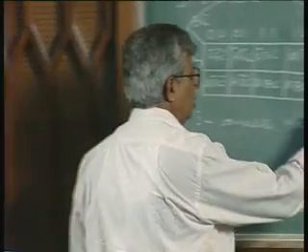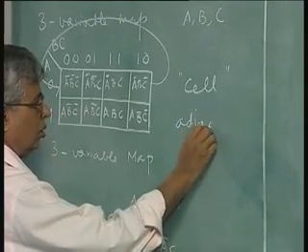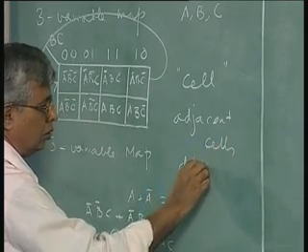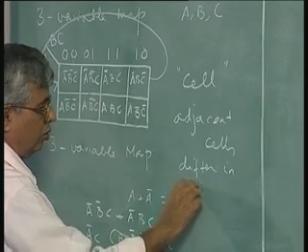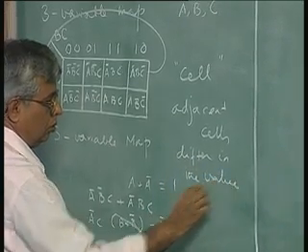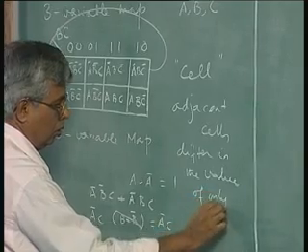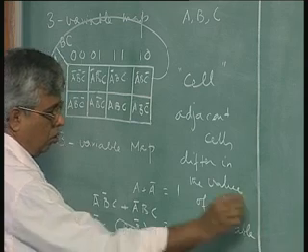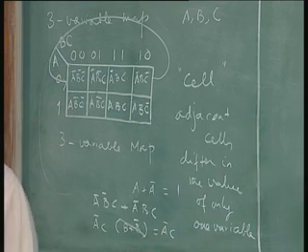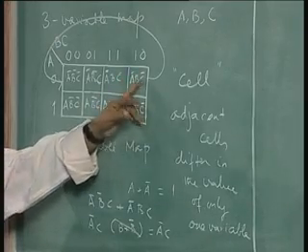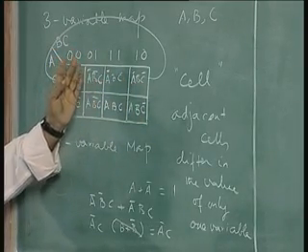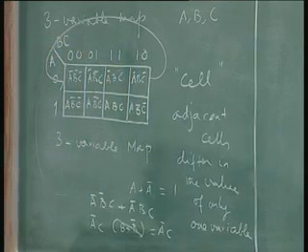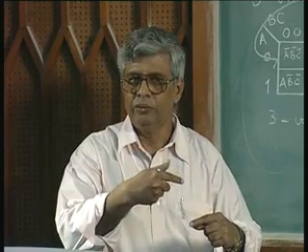Adjacent cells differ in the value of only one variable. Adjacency applies from end to end also, that is what I am trying to say. I am trying to say that adjacency applies from end to end, as if you are folding it around, wrapping it around in a circular way.